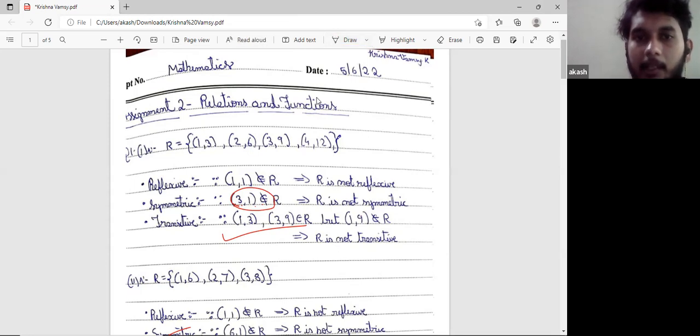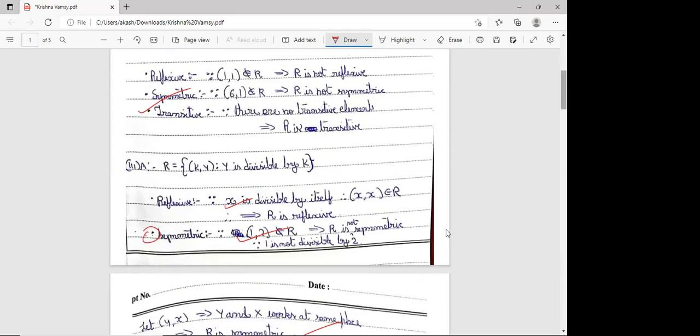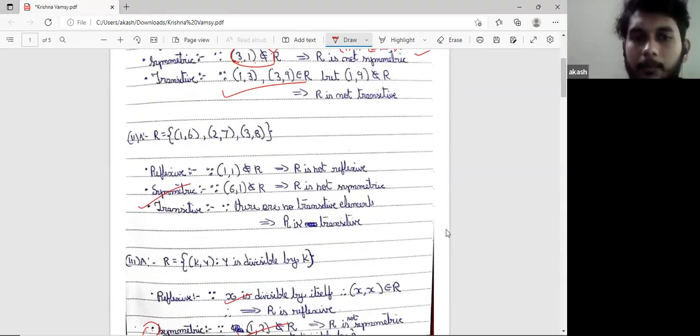You could just add one line: (1,3) belongs to R, but (3,1) doesn't belong to R. That would be perfect. In this question also, the same mistake.